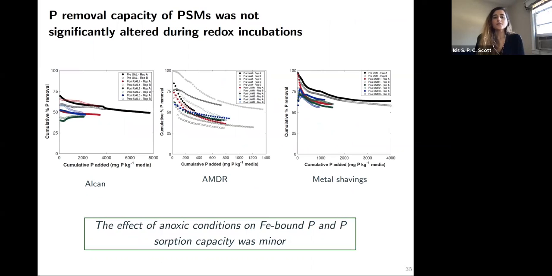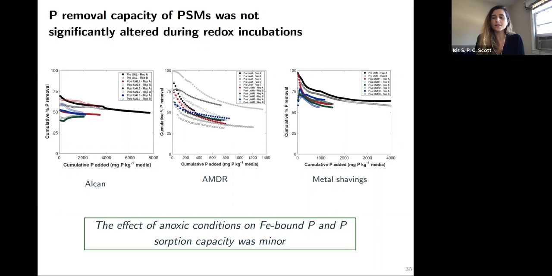And this is how the phosphorus removal capacity of the PSMs before and after the anoxic incubations look like. So each of the graphs represents one of the PSMs that we tested. And in the graphs, you see all the results for the flow-throughs that were conducted before and after the incubations.